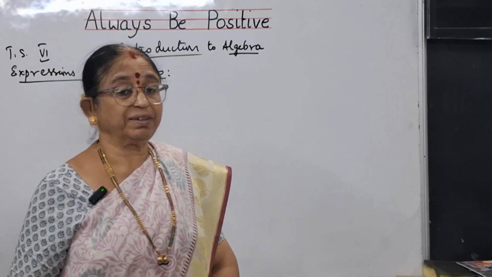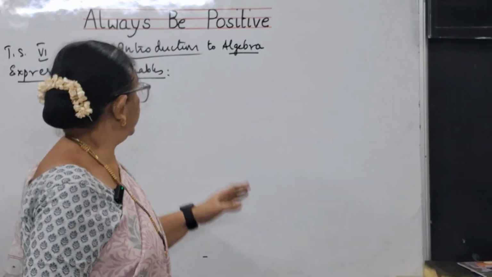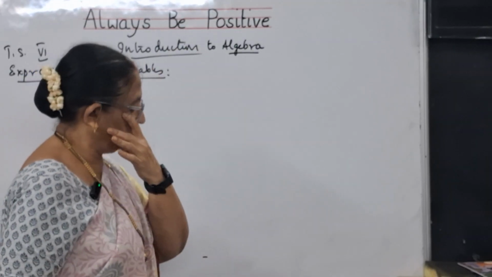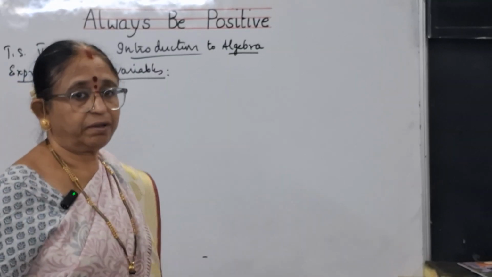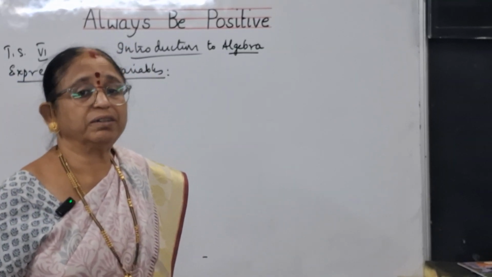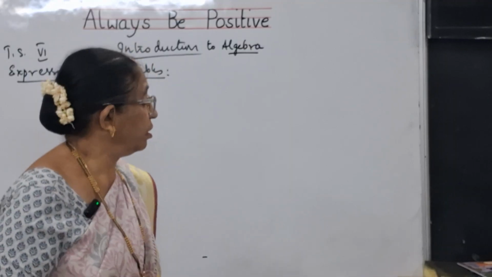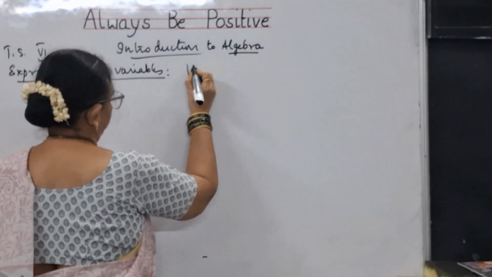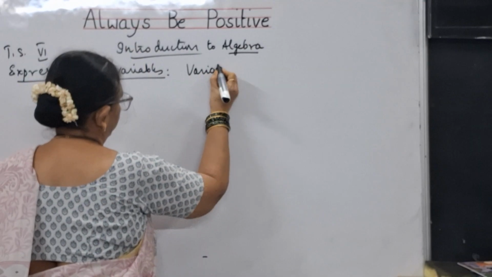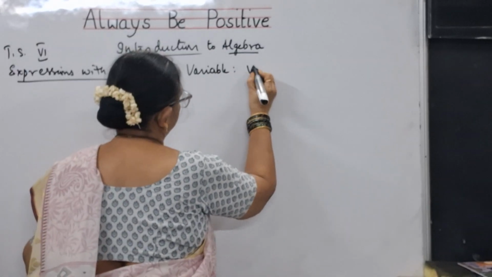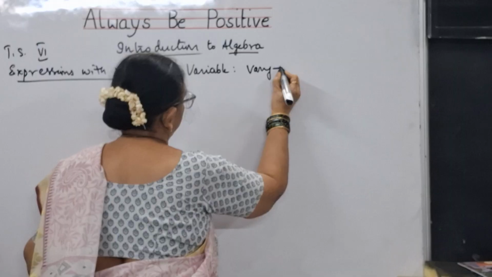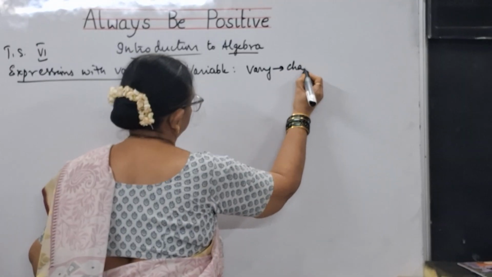Now I am dealing with the 6th class maths, and in this introduction to algebra, we are talking about expressions with variables. What are the various expressions that we are getting with variables? What do you mean by variable? Variable means which always varies. Vary means change.